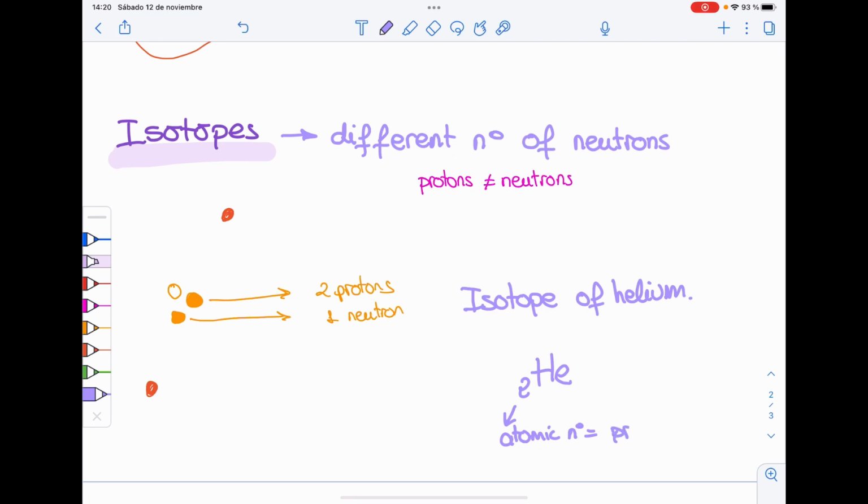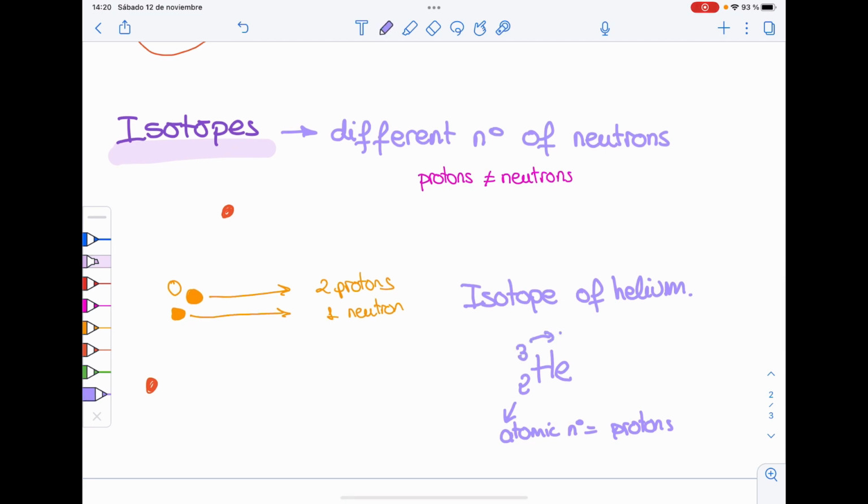So in this case, I'm going to have 2 protons, but then the number that I put in here is the mass number, and the mass number is protons plus neutrons. So in this case, I have 3. The mass number is 3 because I add the 2 protons with 1 neutron, okay?